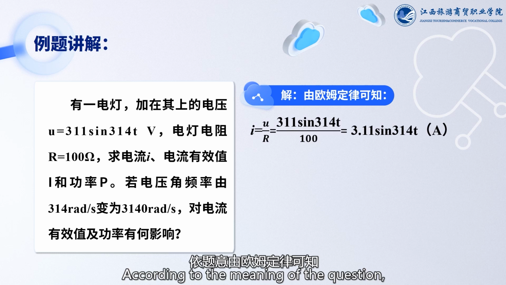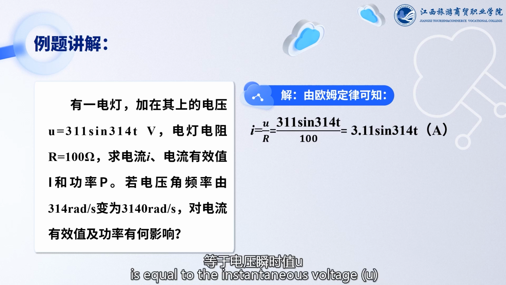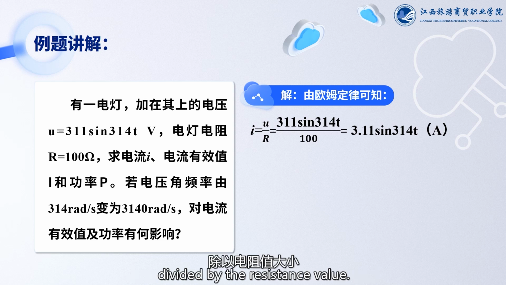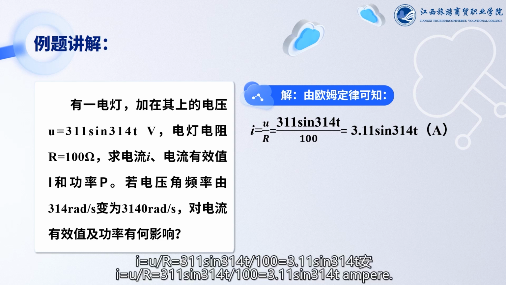According to the meaning of the question, we know from Ohm's law that the instantaneous value i of current is equal to the instantaneous voltage u divided by the resistance value. That is, i equals u over R equals 311 sine 314t over 100 equals 3.11 sine 314t amperes.